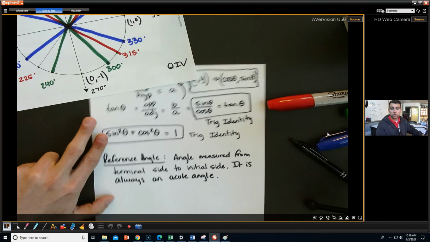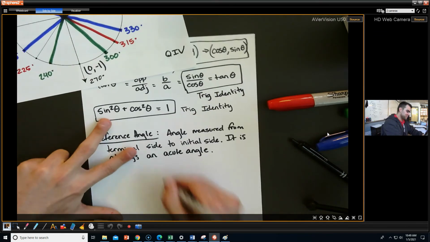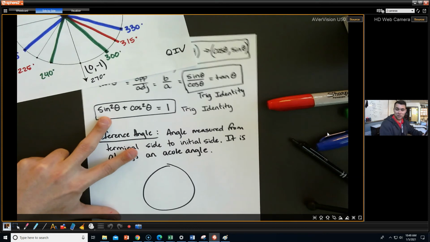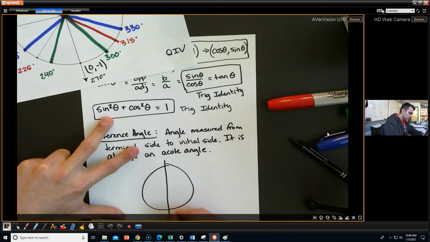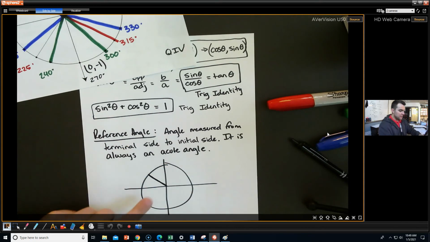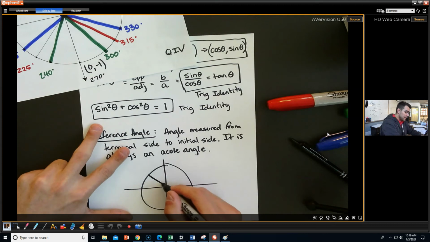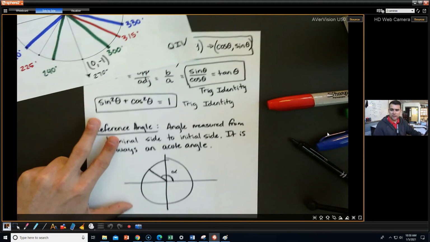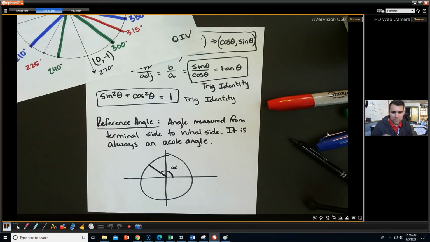Okay? So, for example, might want to draw this too. If I have an angle that is right here, right? Well, I could go ahead and measure that. I'm going to call that alpha for right now. But remember, I want to measure this terminal side from the initial side.